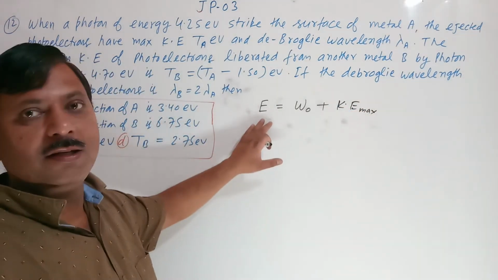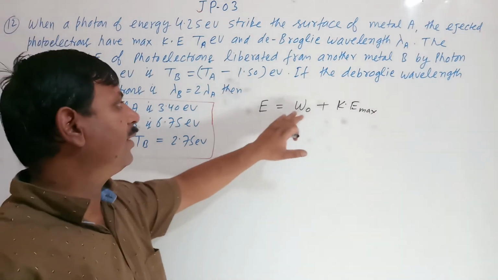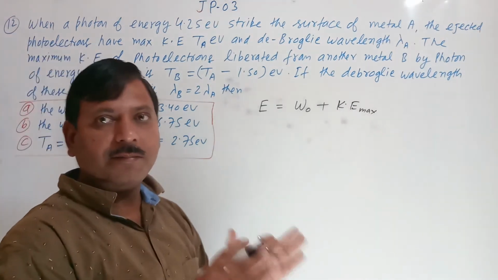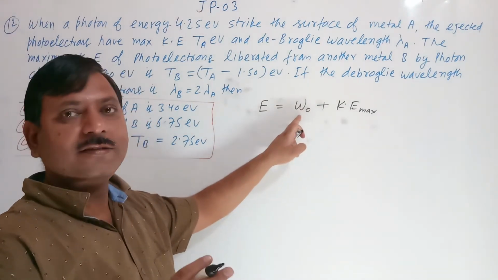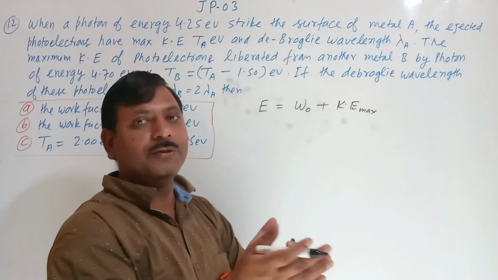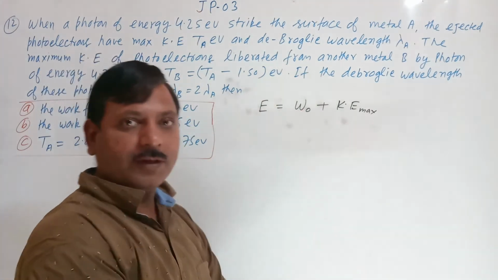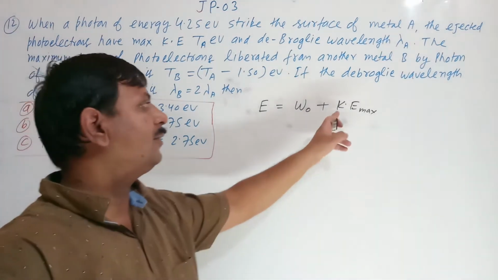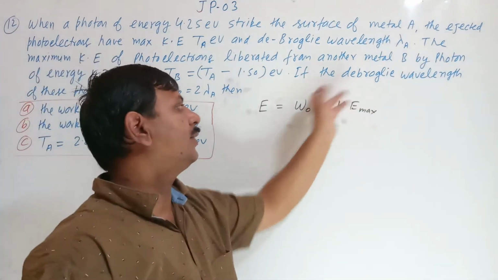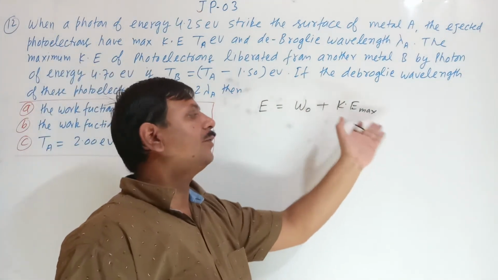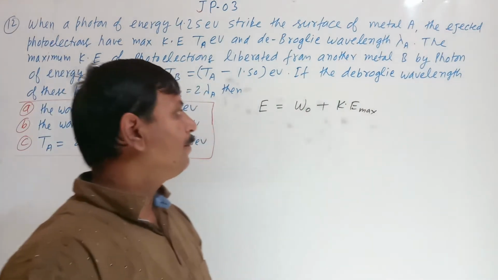When an E energy photon is falling upon a metal surface, the work function is W naught. This photon energy is distributed in two parts. One is the work function, to take the electron out from the surface, and in the other form the remaining energy will be converted into maximum kinetic energy.